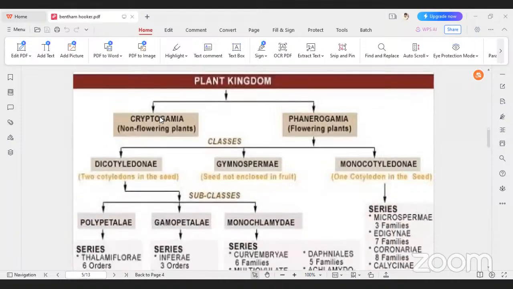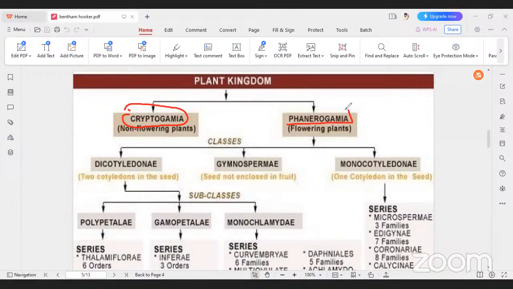In his classification, he only focused on phanerogams. But remember, in the plant kingdom, phanerogams are there and cryptogams are there. The cryptogams are the non-flowering plants, and phanerogams are the flowering plants.